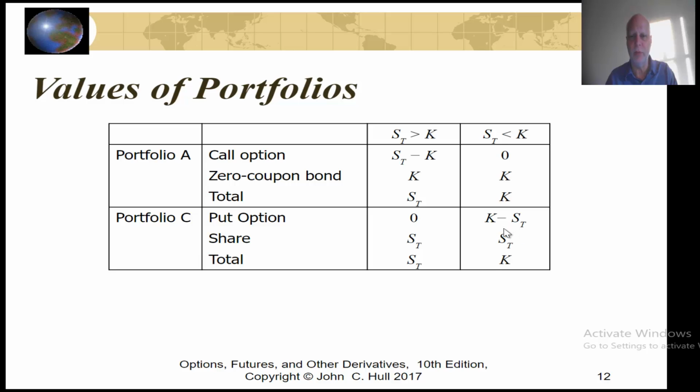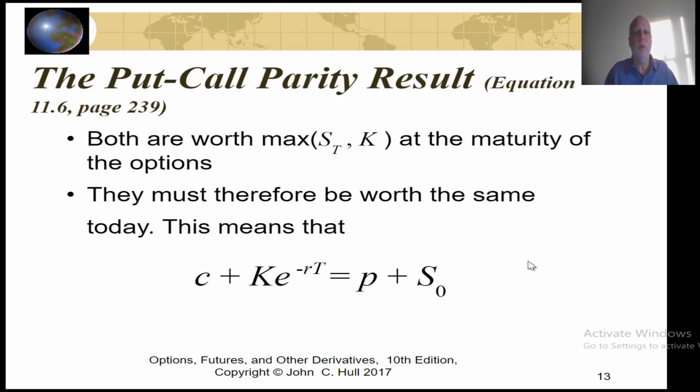If I sum these two together, the portfolio is worth K. So under both conditions, stock price greater than strike on the day of expiration and stock price less than strike on the day of expiration, the two portfolios have an equal value. Since both are worth the maximum of either the stock price or the strike price at the maturity of the options, they must therefore be worth the same thing today.